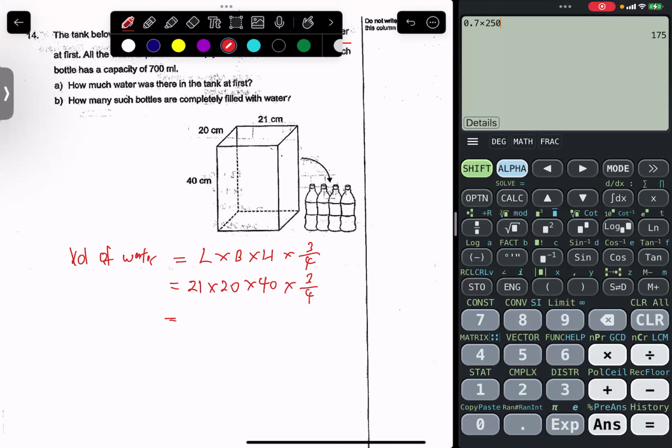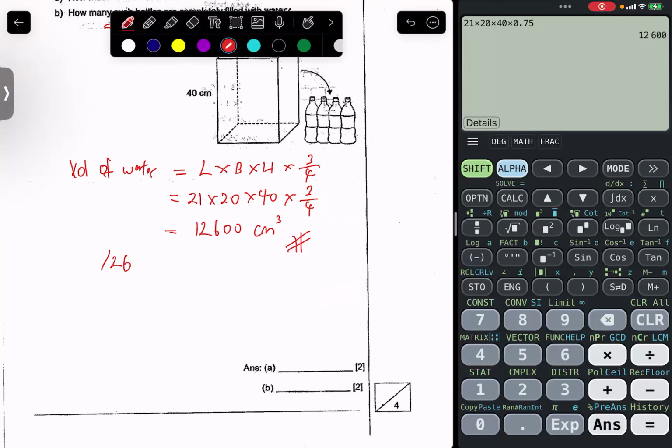You can just key calculator for this. 21, 20, 40, 3/4. 12600 centimeter cube. Simple. How many such bottles are filled? So 12600 centimeter cube is the same as 12600 ml. So 12600 divided by 700.